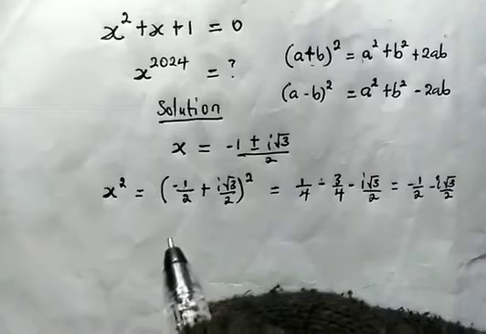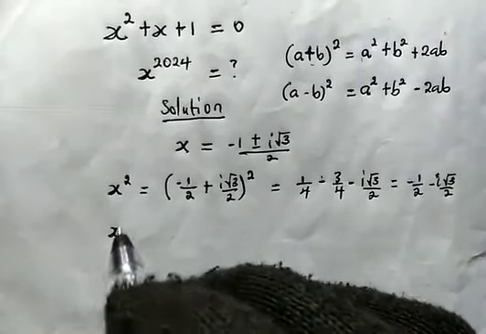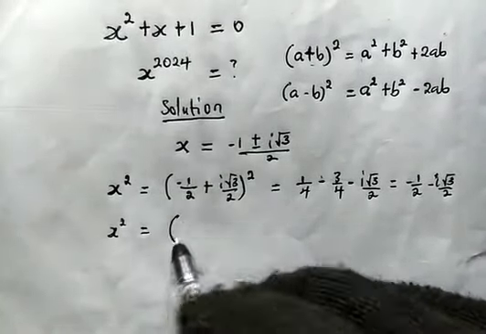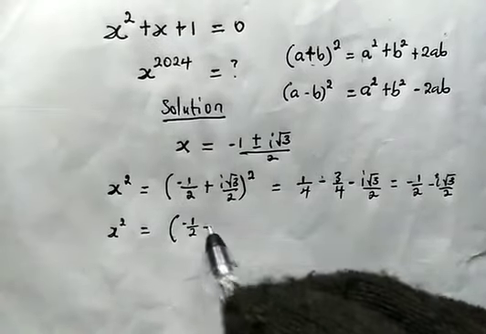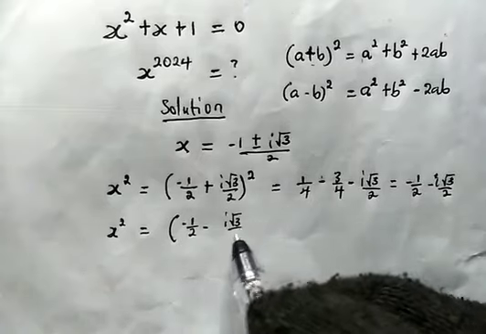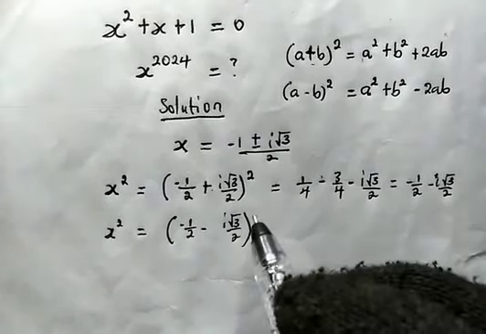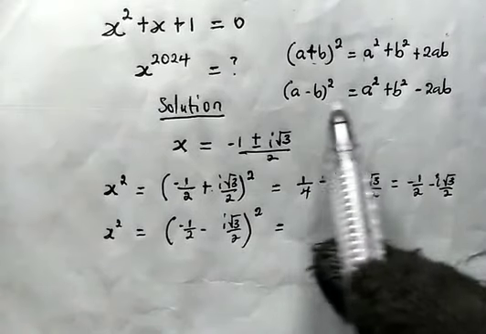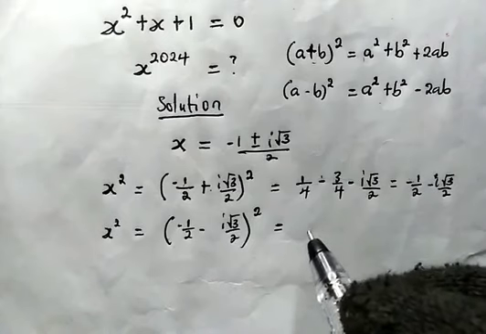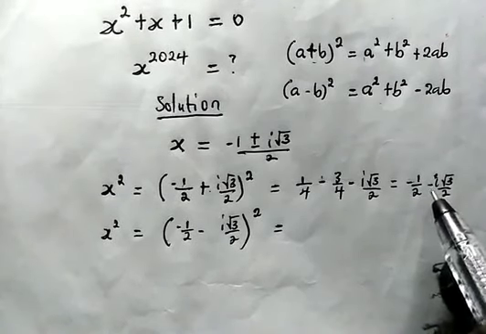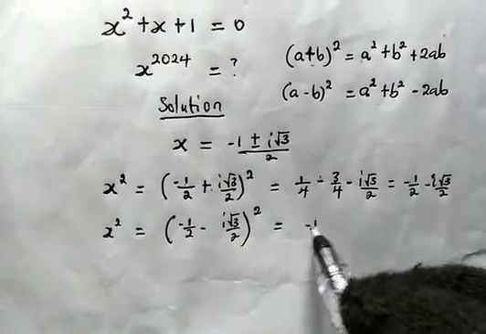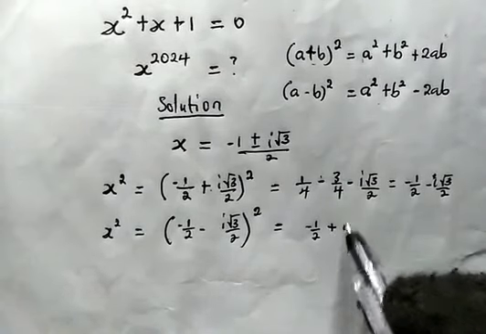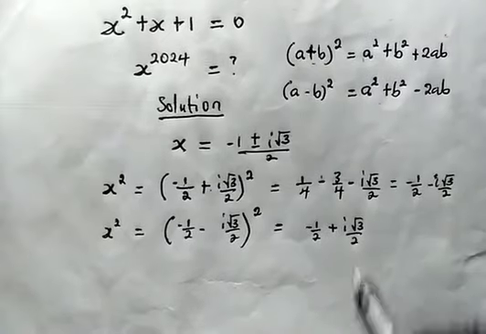Now let us consider squaring the other root. So we have negative 1 over 2 minus i root of 3 over 2, which is the conjugate form of the first root. If we simplify this properly, we're going to have the conjugate form of the previous result, which will be negative 1 over 2 plus i root of 3 over 2.